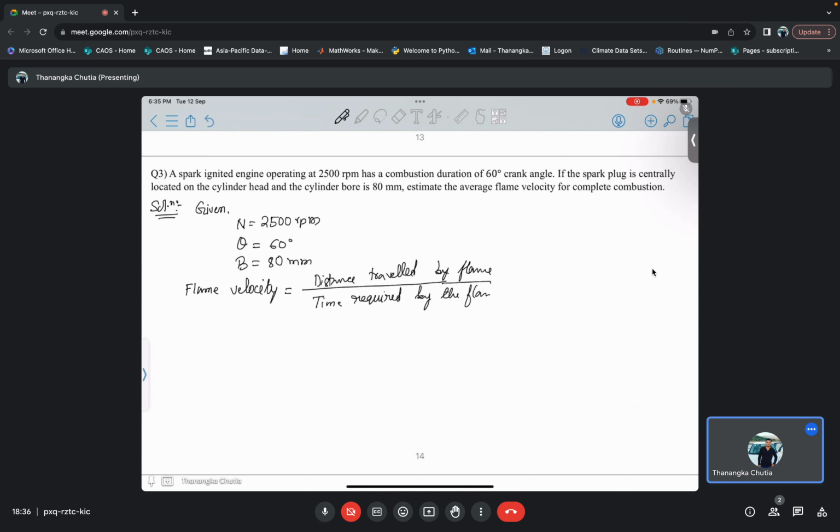Now distance is equal to B by 2. Since there is no offset, it will be 80 divided by 2, that is 40 mm. And I can write this as 40 by 1000 meter.